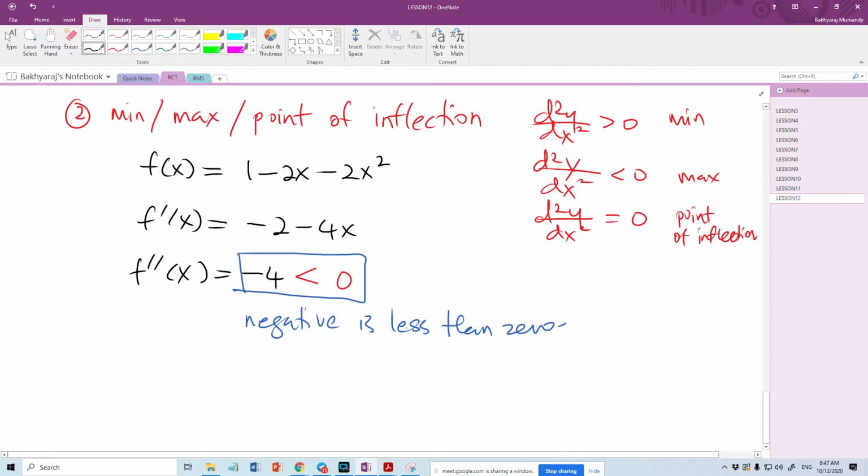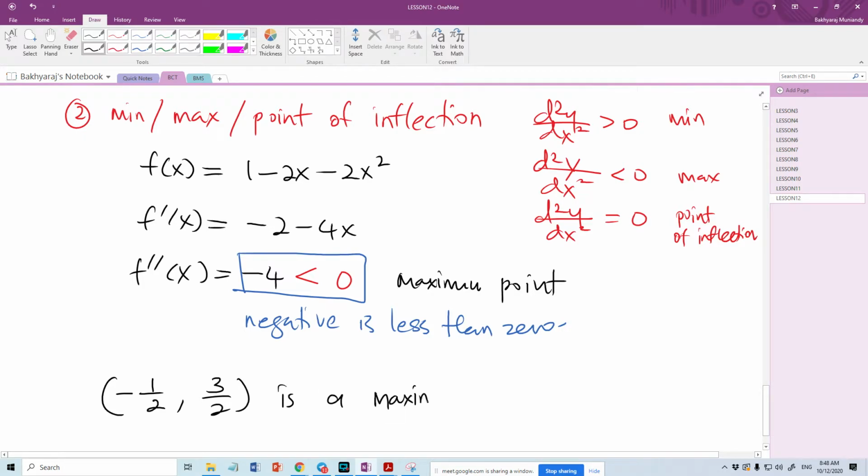So ini ialah maximum, it's a maximum point lah. Okay, get the coordinate again. So our coordinate now is negative 1 over 2, comma 3 over 2, is a maximum point. Inilah basic kita.